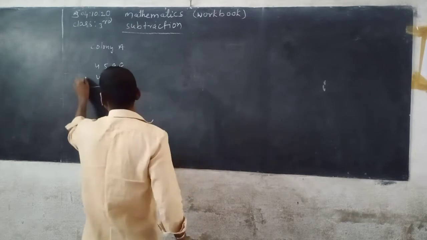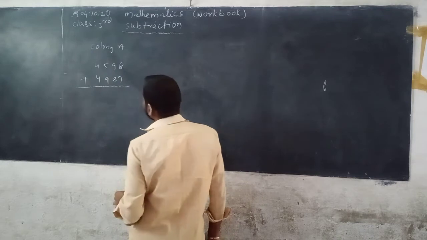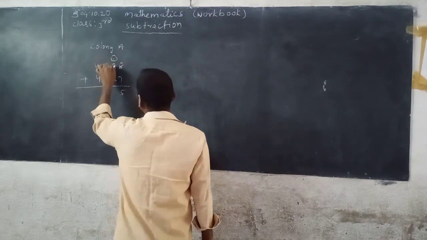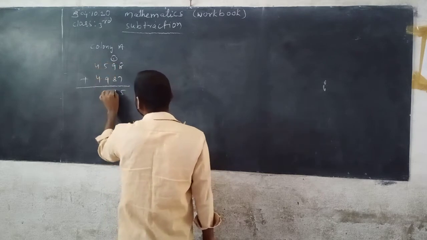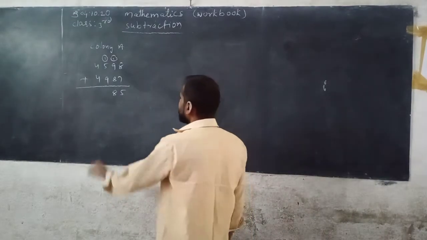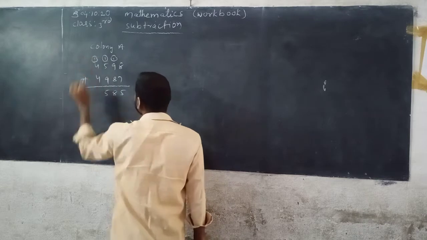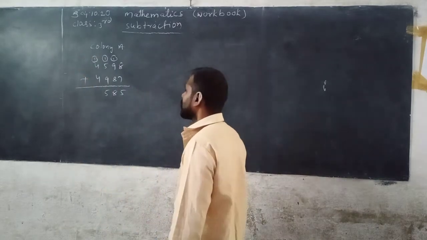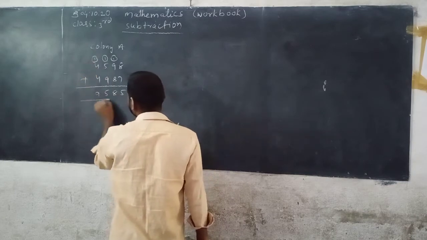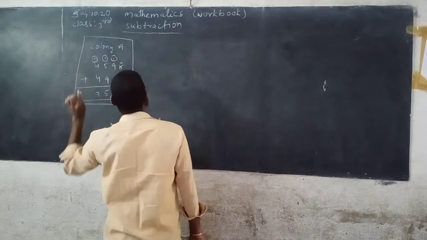See, first we add the digits in ones place. 8 plus 7, 15, 5 taking, 1 carrying. 1 plus 9, 10, 10 plus 8, 18, 8 taking, 1 carrying. Next add the digits in hundreds place. 1 plus 5, 6, 6 plus 9, 15, 5 taking, 1 carrying. Next add the digits in thousands place, that is 1 plus 4, 5, 5 plus 4, 9. So this is colony A. Write down everybody in your workbook.